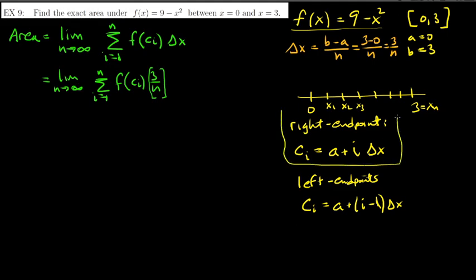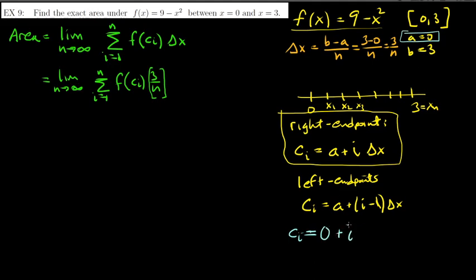So I'm going to opt to use the right-hand endpoints here. We have to calculate these ci's. What's our a? Way back up here we said a is 0, so that's nice. So ci equals 0 plus i times delta x.